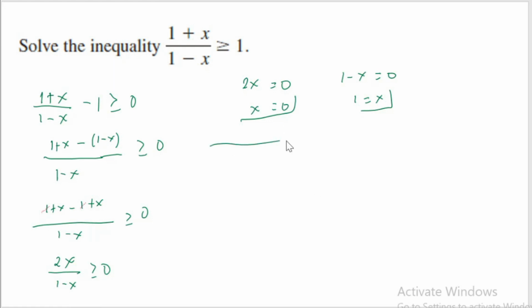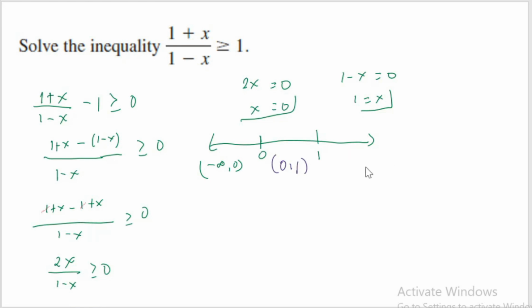If we put that on a real number line, this will divide the real number line into 3 parts, meaning we have 3 intervals. On this side, we have the interval from negative infinity to 0. Here, we have 0 to 1.